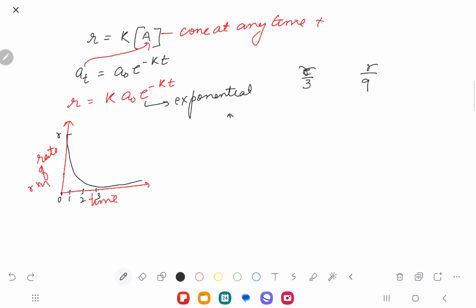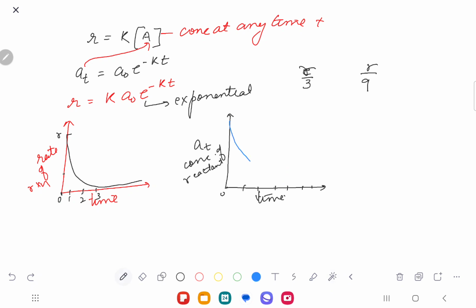And here also, if I draw the graph of At, the concentration of reactant versus time. As the time passes by, initially the concentration of the reactant is consumed very quickly. The reactant gets consumed very, very quickly. You understand my point?